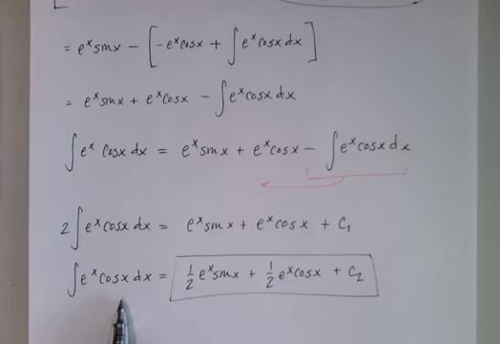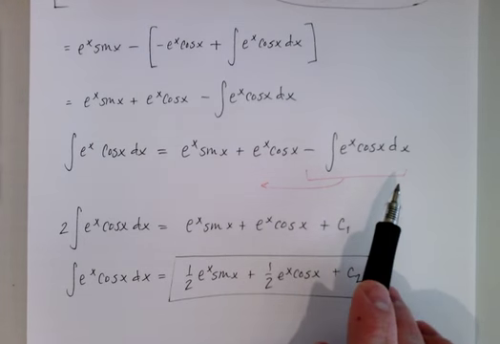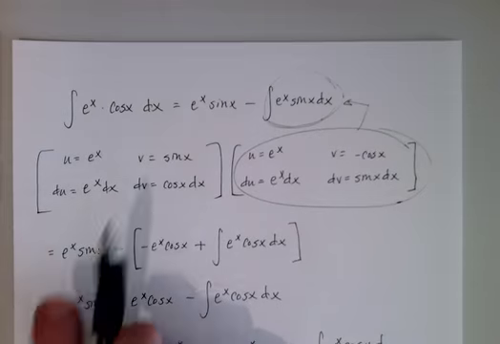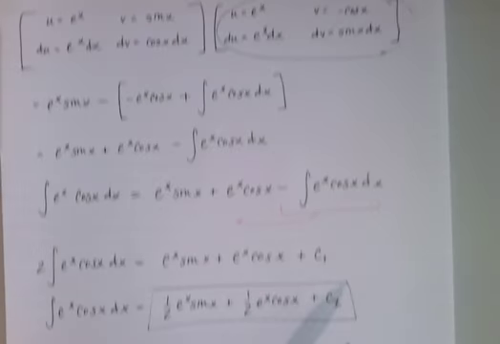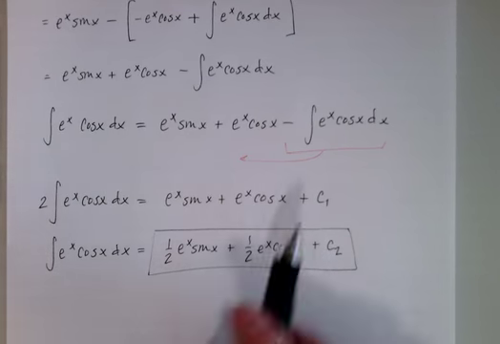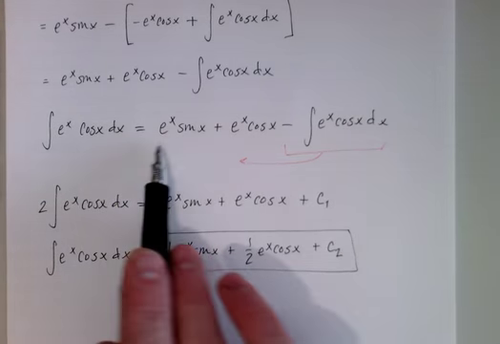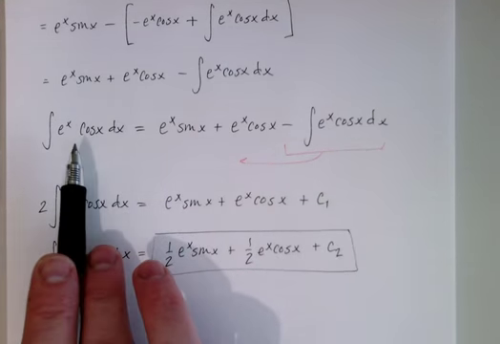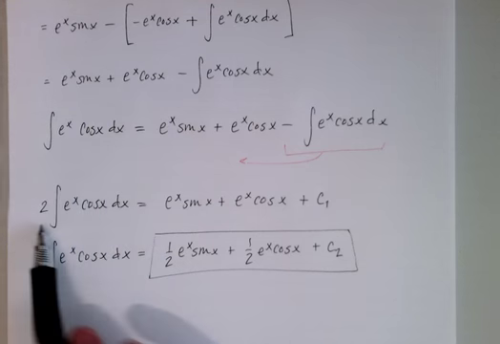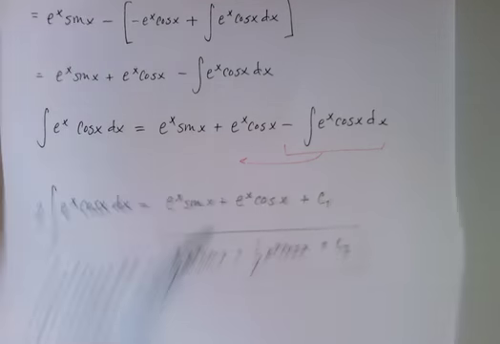The neat thing is you never had to integrate per se, except for anti-differentiating within these little boxes. You never had to integrate the piece on the right-hand side. It morphed such that it could be combined with the original, and then you just divide by the coefficient. And there you go.